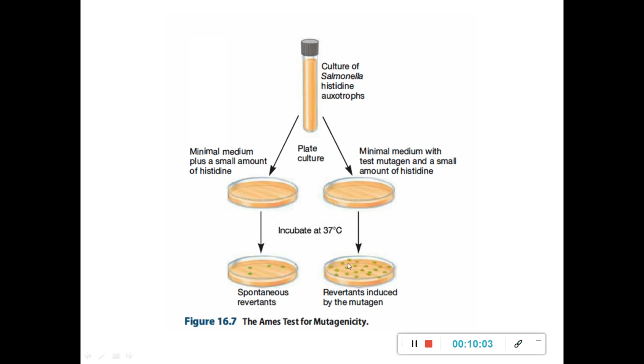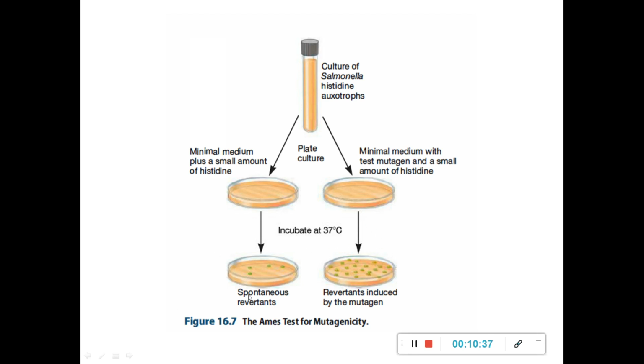So, if you have more bacteria formed on the plate where the mutagen has been present, it indicates that the mutagen is really mutating the bacteria. When you don't know whether it is a mutagen or not, we can say that the chemical which we incorporated in that media is found to be a mutagen because it is causing the reversion of histidine auxotrophs on this particular plate.